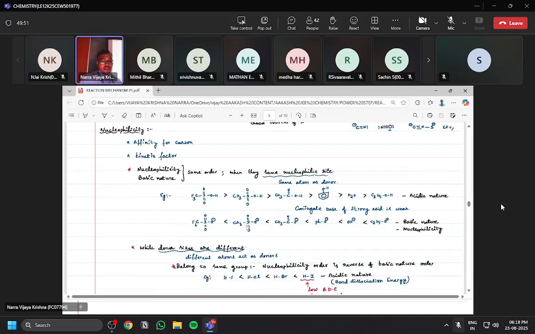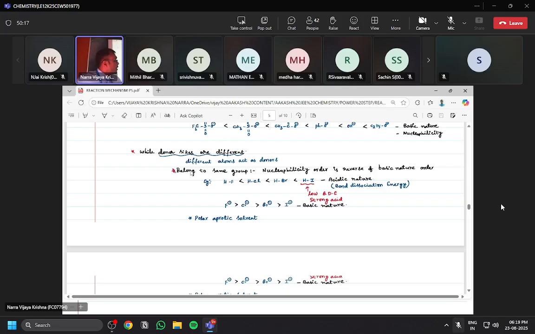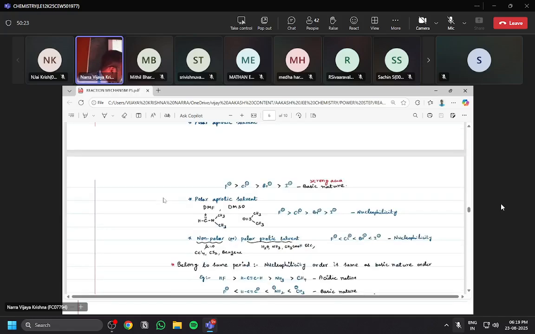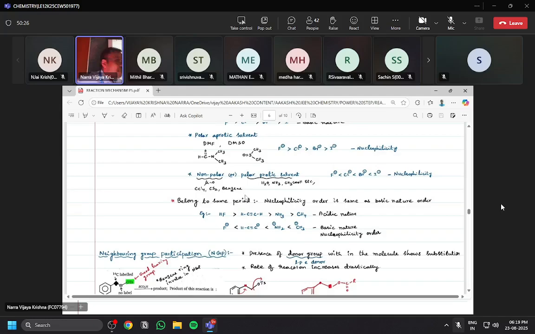Observe nucleophilicity, affinity for carbon, kinetic factor. Nucleophilicity and basicity order are the same when they have the same nucleophilic site. Meaning if O is the donor, the basic nature order and nucleophilicity order are the same. If donor sites are different but belong to the same period, then the nucleophilicity order is the same as the basic nature order.